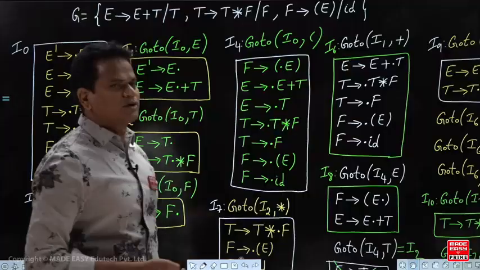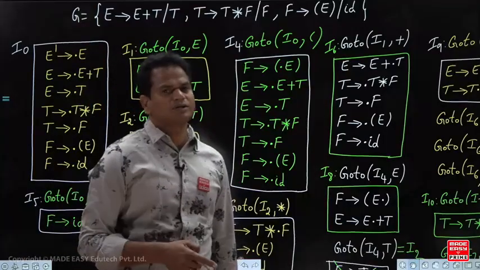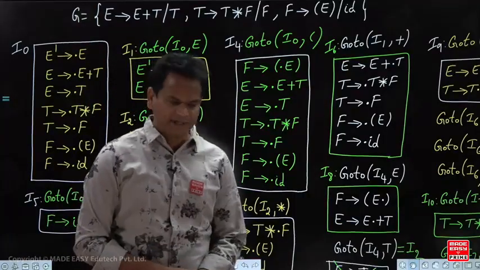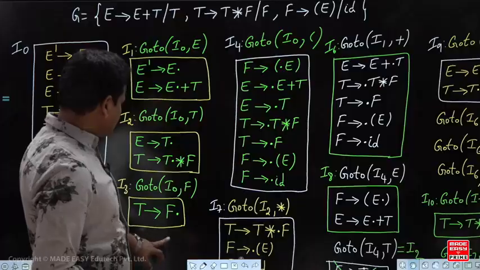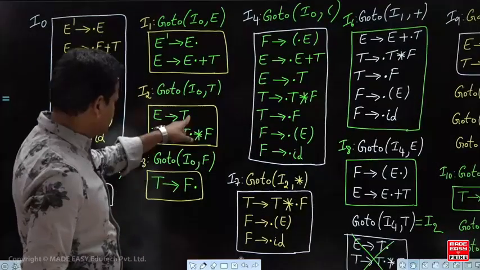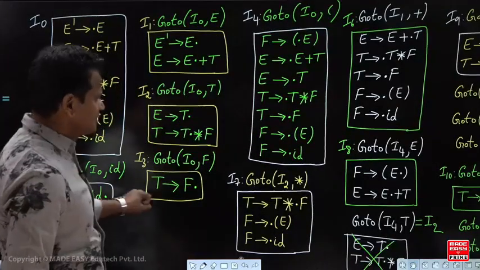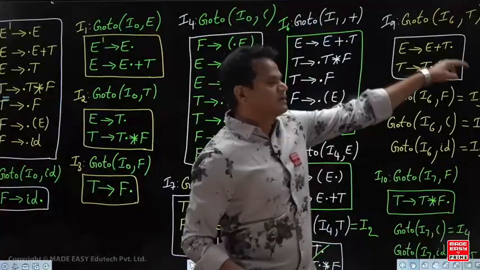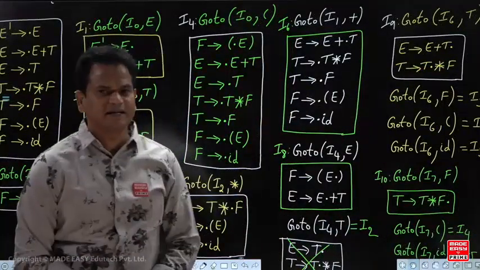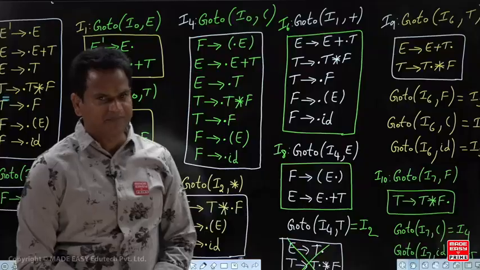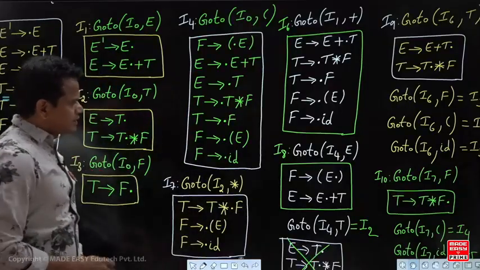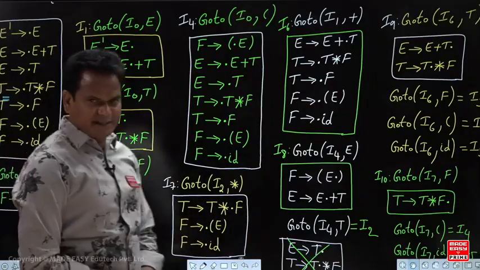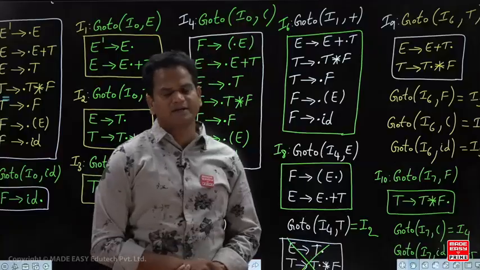Wherever the dot reaches the end, like this, all these I will call final items. Now, if the dot has not reached the end, then it means the dot is after some symbol.